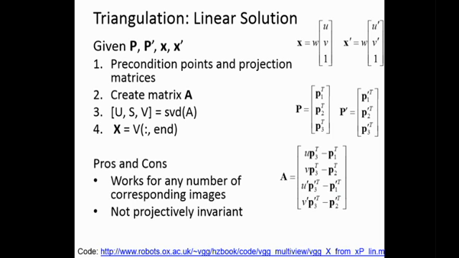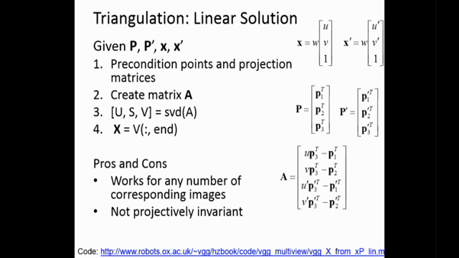The nice thing about this is that you can solve for any number of corresponding images. So as you get more images, you'll get more over-constrained, but you should have a better estimate, assuming that your images are observing the 3D point with some noise and you don't have any outliers.